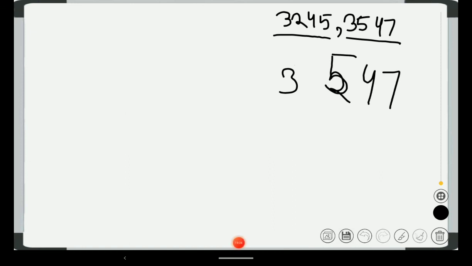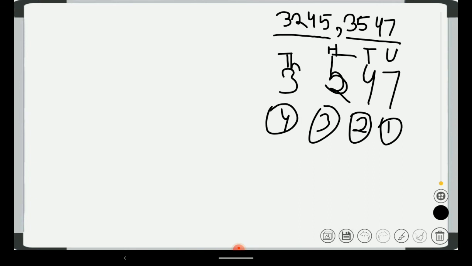Now I have taken 3547. So let me write the units, tens, hundreds and thousands. So this is 1, this is 2, this is 3 and this is 4. These two are odd places and these two are even places.